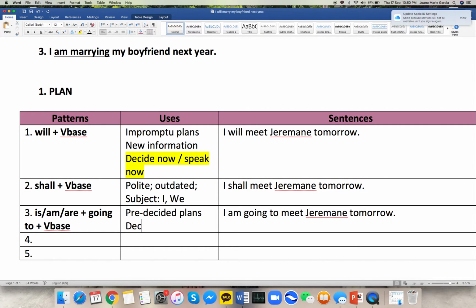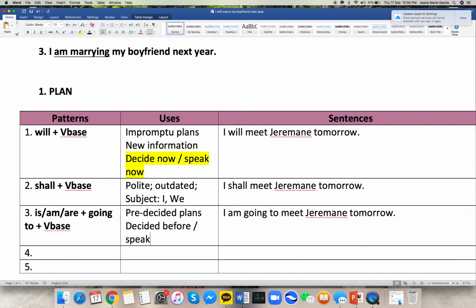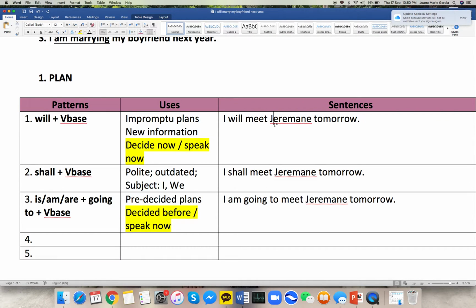It means that you decided the plan before and you're just telling me the plan now. So decided before and speak now. In this case, if I say I will meet Jermaine tomorrow, I just think about it now. But for this case, I already decided that before, and I'm just telling you my plan now.